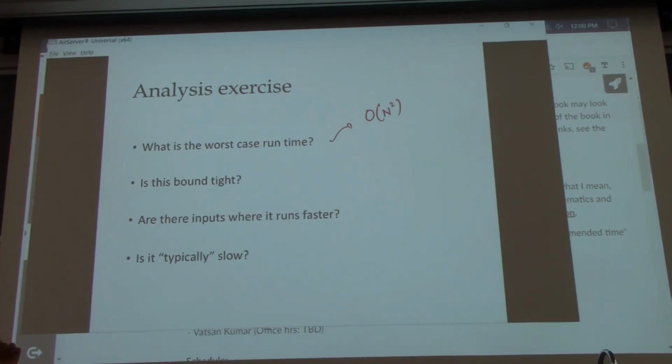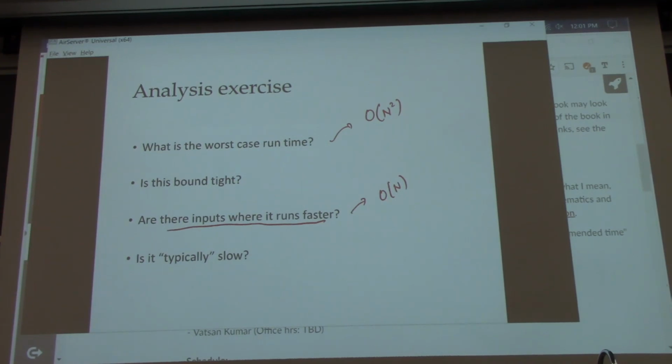There could be situations in which you want to understand whether there are inputs where it runs actually faster. This is something you will see in the first homework: for bubble sort, can you come up with examples where it actually just takes time O of n? And can you classify instances where it only takes so much time?